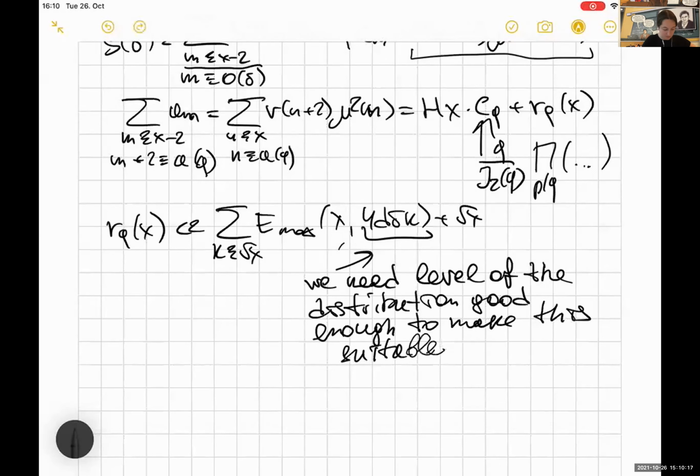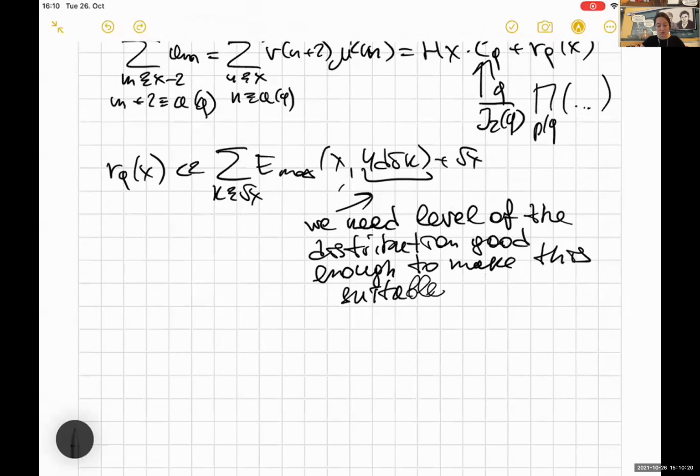Sometimes my connection, okay, now it's better. Yeah, so when you are going to recover all the divisibility conditions, you are going to have the moduli that depends on d, delta, and k. And you would like to make all of them fit inside the final estimate for the remainder term.